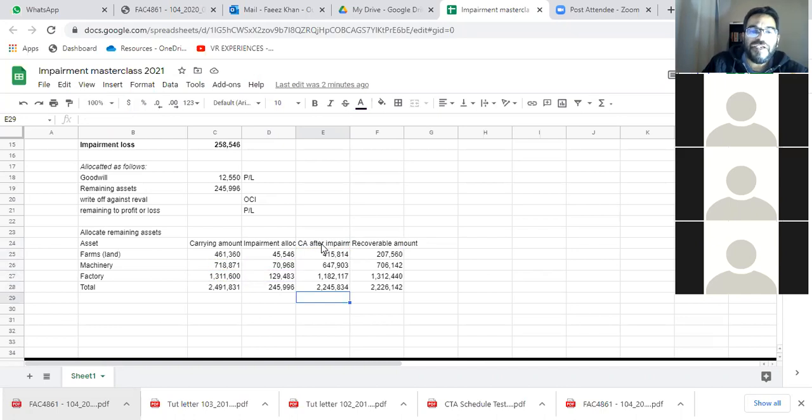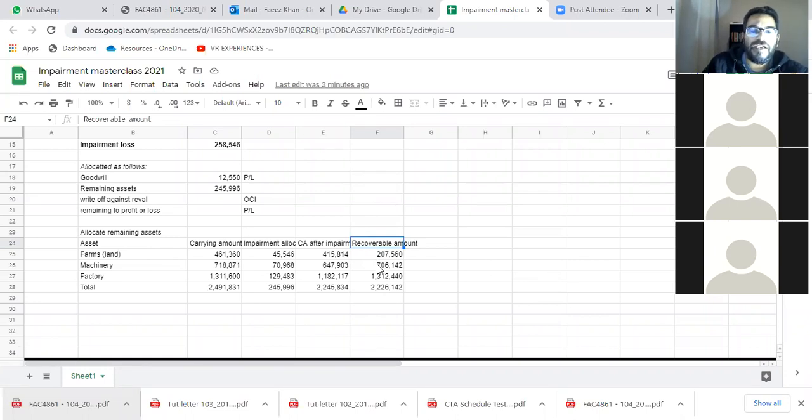What you need to do is check the carrying amount after impairment against the recoverable amount. The accounting standard says that you cannot reduce an individual asset's carrying amount below its recoverable amount.